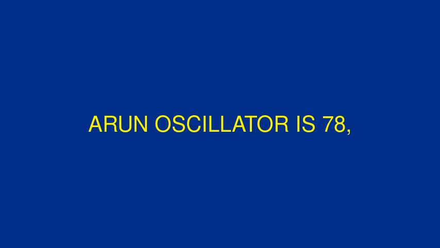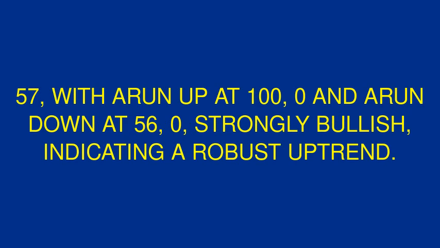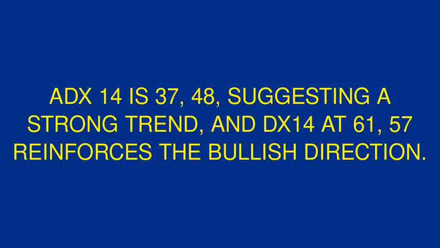Aroon oscillator is 78.57, with Aroon up at 100.0 and Aroon down at 56.0, strongly bullish, indicating a robust uptrend. ADX 14 is 37.48, suggesting a strong trend, and DX 14 at 61.57 reinforces the bullish direction.